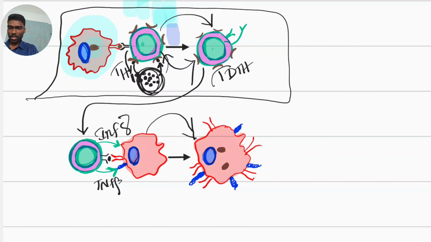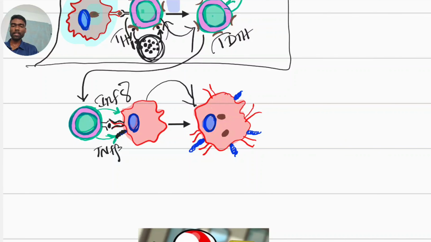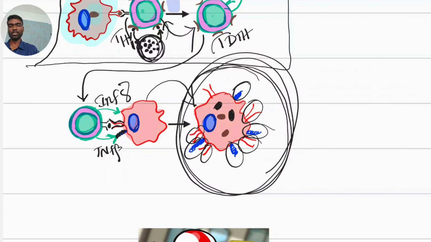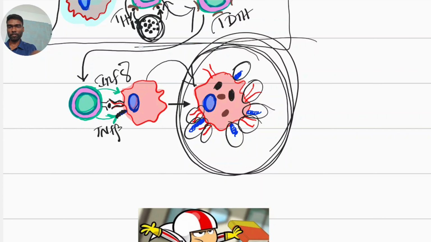The resting macrophage contains some MHC class 2 to present antigens, and this blue ribbon-like structure is tumor necrosis factor receptors. After activation, there are more and more tumor necrosis factor receptors, more and more MHC class 2 receptors, more and more oxygen radicals and nitric oxide to attack the intracellular pathogen. Instead, it will attack and cause damage to own host tissue. This activated macrophage is the main reason for the delayed type T helper cell reaction. This is the effector phase.